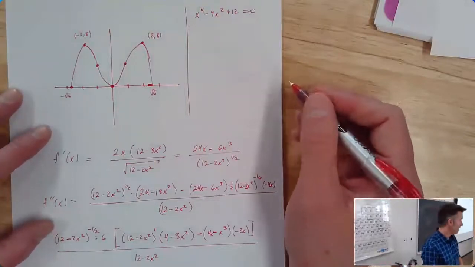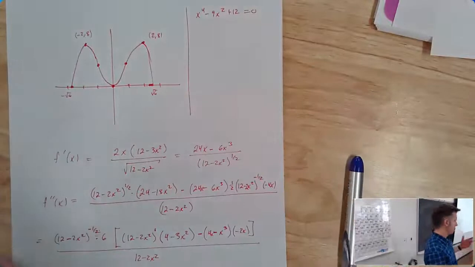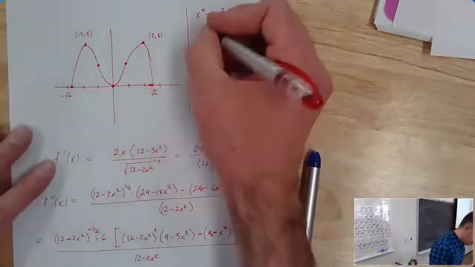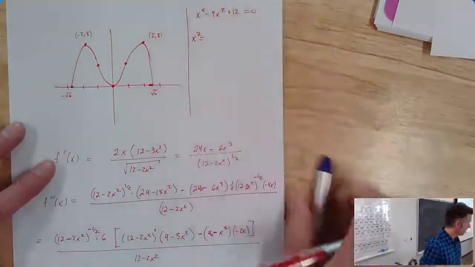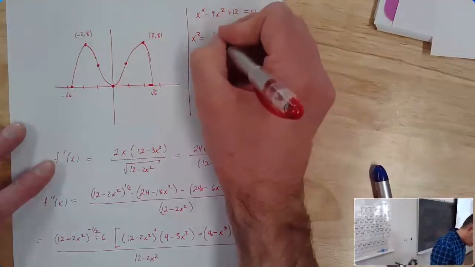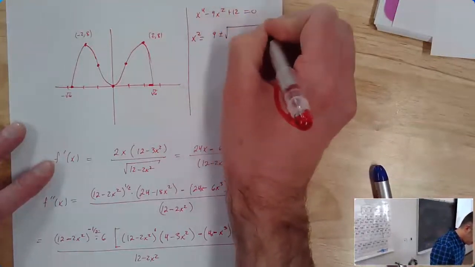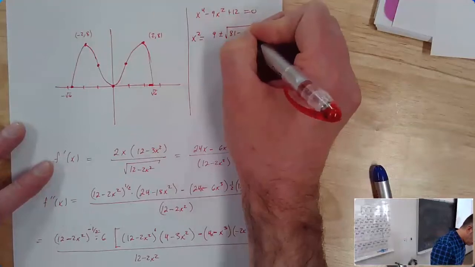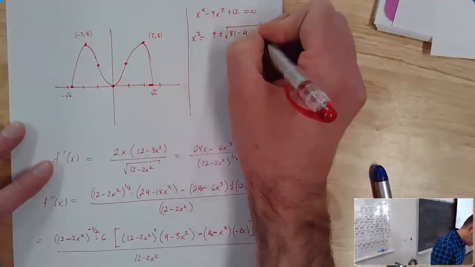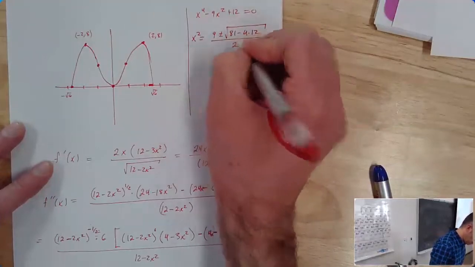So what I'm really going to do, instead of getting x equal to negative b plus or minus square root of whatever, I'm going to get x squared equal to negative b plus or minus the square root of b squared minus 4 times a times c all over 2 times a.